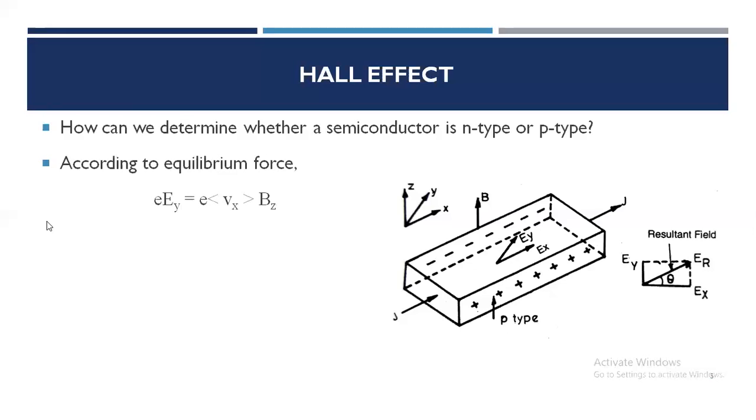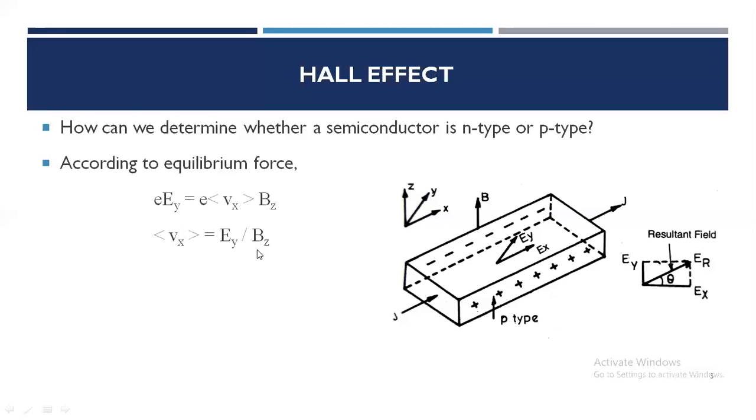Comparing these two forces, e into Ey equals e into Vx into Bz, so the drift velocity in the direction of x can be evaluated as Vx equals Ey divided by Bz.